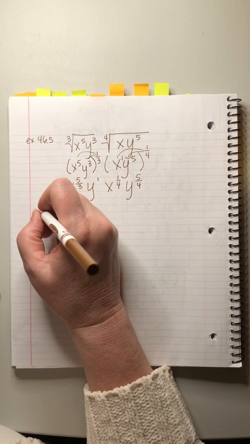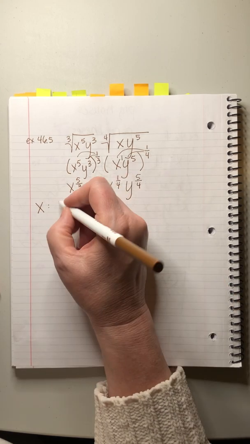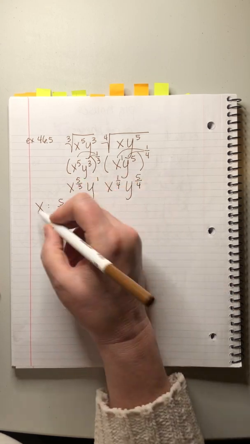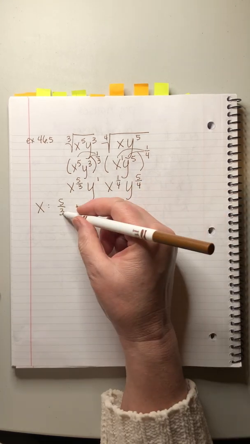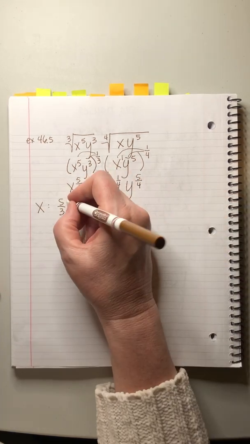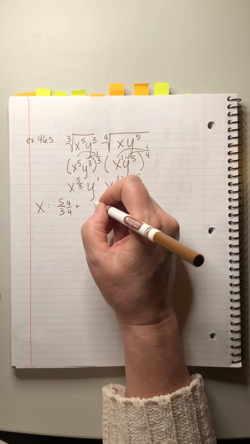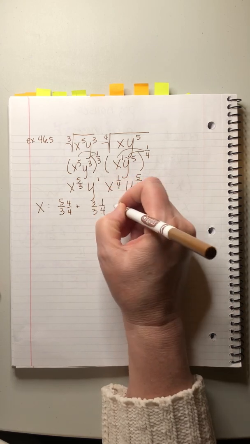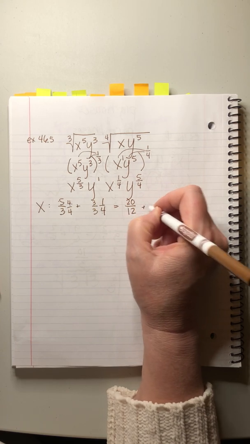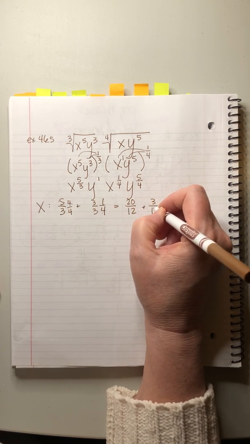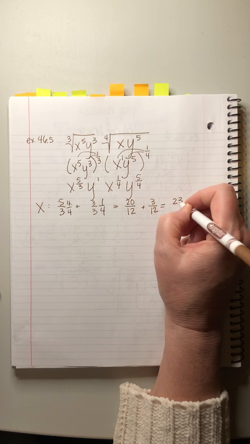Now let's do the same thing. Let's sort out our exponents. 5/3 and 1/4. I'm going to spread those out. LCM 12. So 4/4, 3/3. So we get 20/12 plus 3/12 equals 23/12.